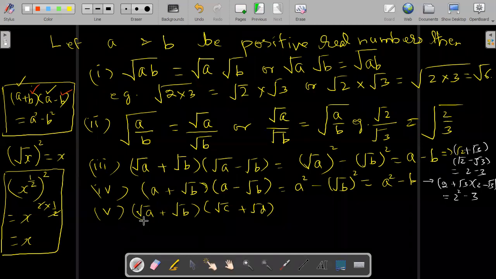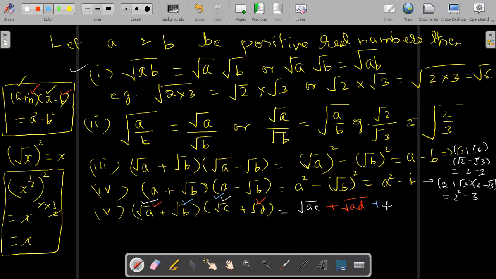So similarly here you will multiply under root a with under root c. You can write under root ac from this formula. Then you multiply under root a with under root d. So simple multiplication, it will be under root ad. Then you multiply under root b with under root c, so this will become plus under root bc.